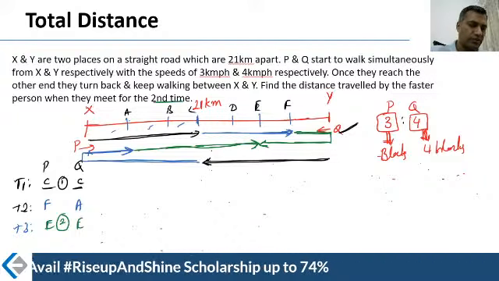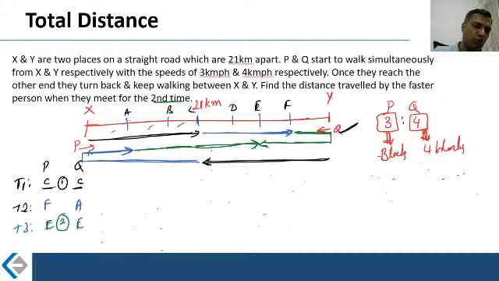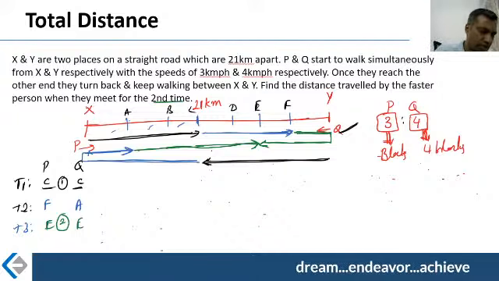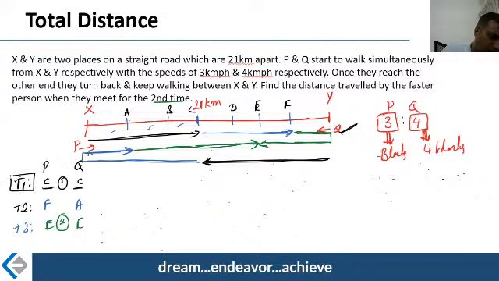But when they met for the first time, they both together traveled only 1 full distance. The first time, they took only 1 time interval. But when they met for the second time, they needed double the time. Remember this concept.